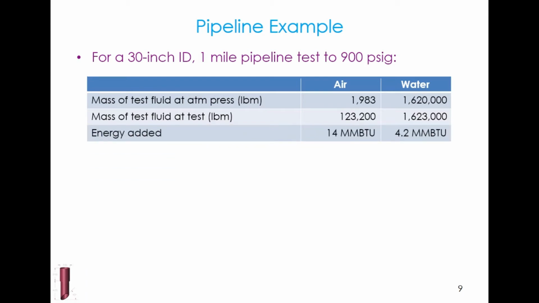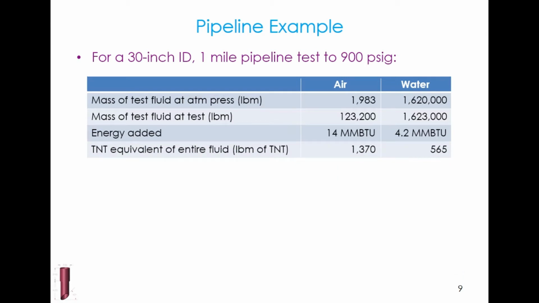So the energy that I've added, 14 million BTUs of energy. That's about the amount of natural gas that a person uses in a year. For the water, I've added 4.2 million BTUs, which is about the amount of electricity that a home uses in a month.